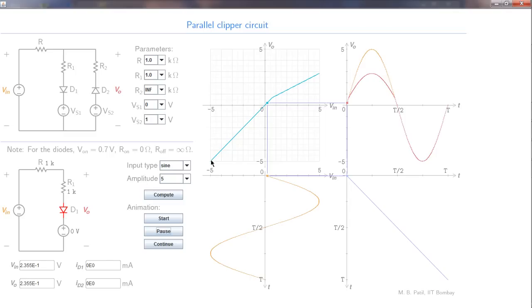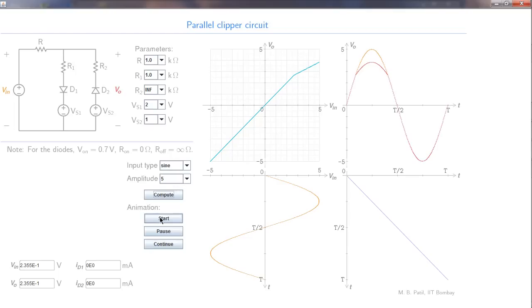It simply represents VO equal to VI. What about this slope? This slope is given by R1 by R plus R1, and since we are not changing the resistance values, that slope would also remain the same. So let us see if that happens. And we observe that the breakpoint has indeed shifted to 2.7 volts, and the slopes have not changed.